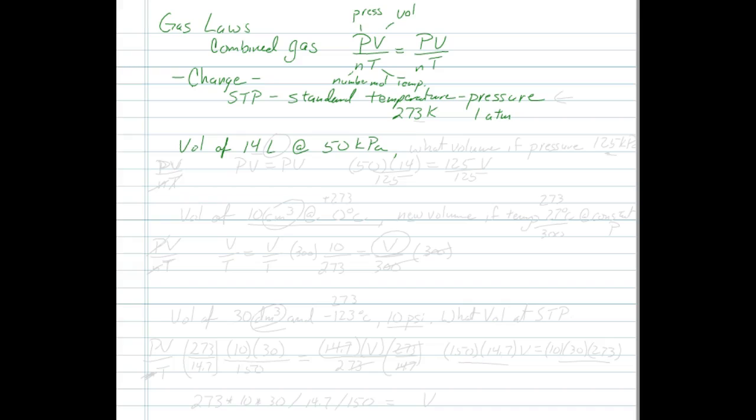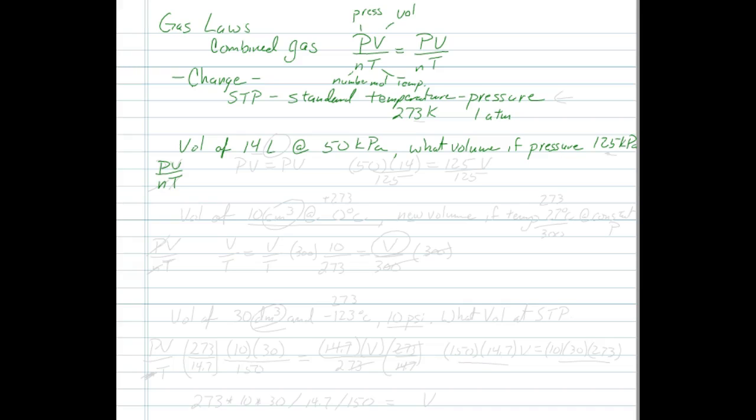What is the volume if you increase the pressure and the pressure goes to 125 kPa? You start with PV over NT, and for anything they give you a numeric value that's changing, go ahead and leave it in. If it's not there, cross it off.